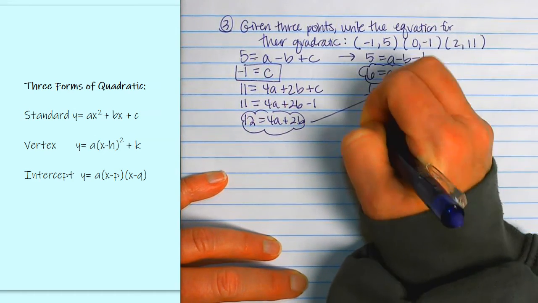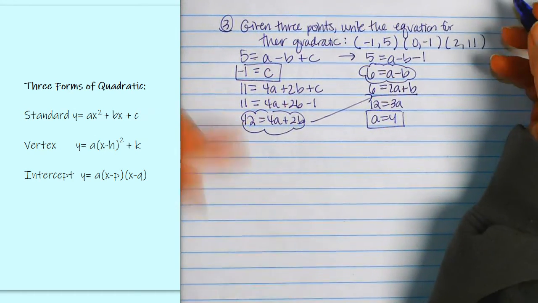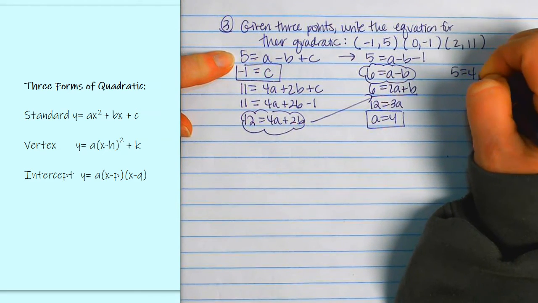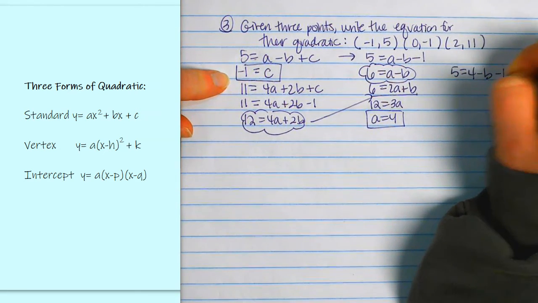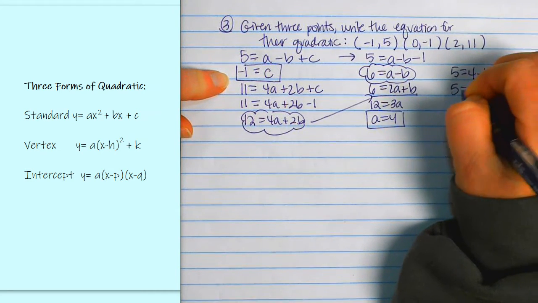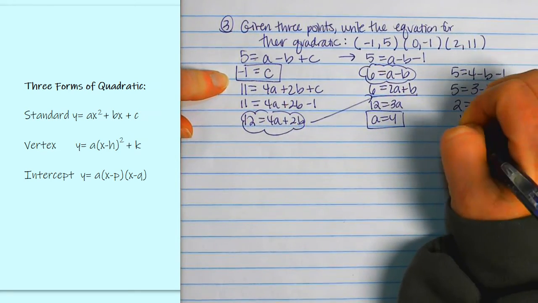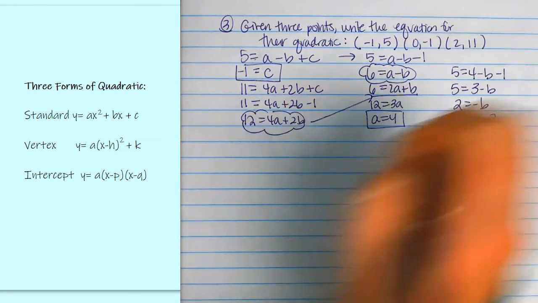A equals 4. And if A equals 4, I'm going to plug in here. 5 equals 4 minus B minus 1. That's 5 equals 3 minus B. 2 equals negative B. B equals negative 2.